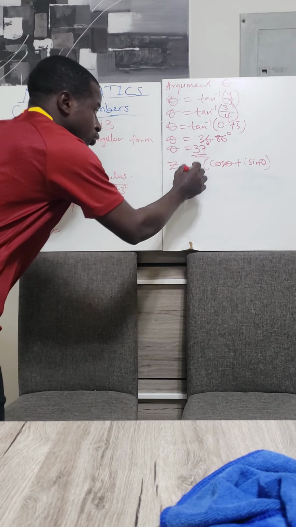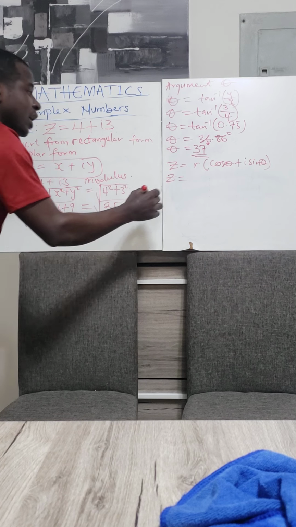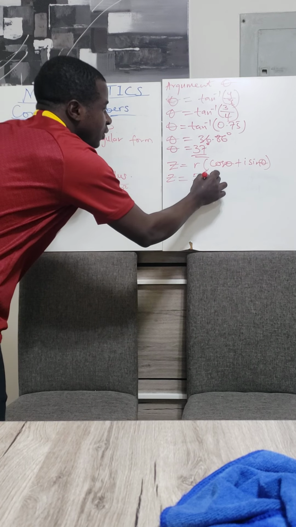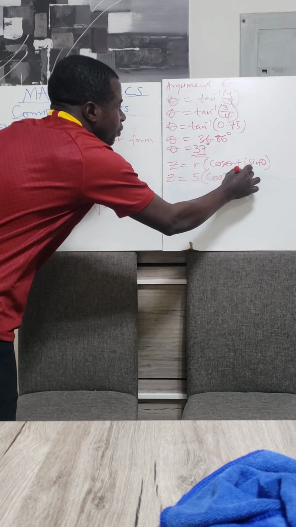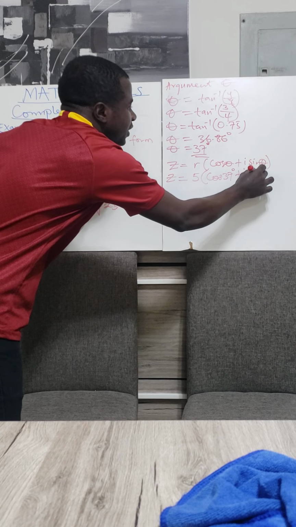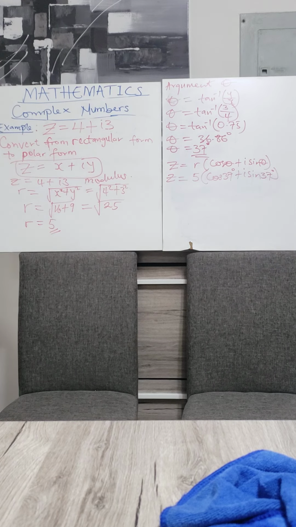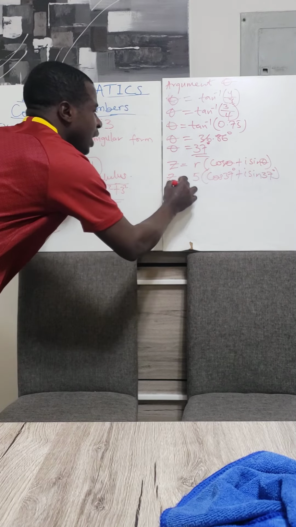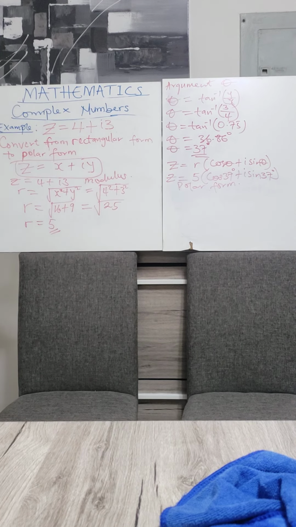Then z is equal to, what's our r here? Our r is 5, cos theta is 37 degrees, plus i sin theta is still 37 degrees. We close it. That is the polar form. That is the answer.